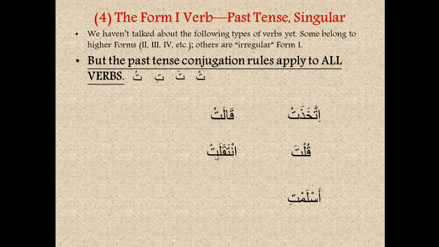Intaqalat, conjugated for hiya. Qadaytu, conjugated for ana because of the tu. Ta'akharta, conjugated for anta because of the ta. Qarartu, conjugated for ana because of the tu. And sallayti, conjugated for anti because of the t. So these past tense conjugation rules apply to all verbs regardless of form and regularity.